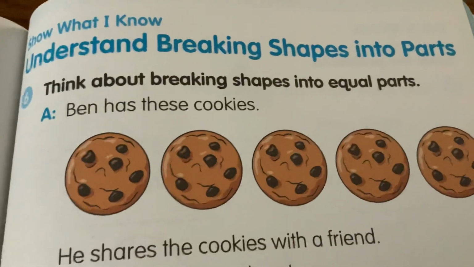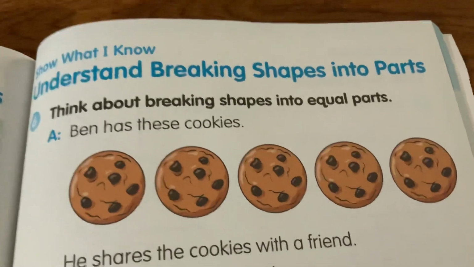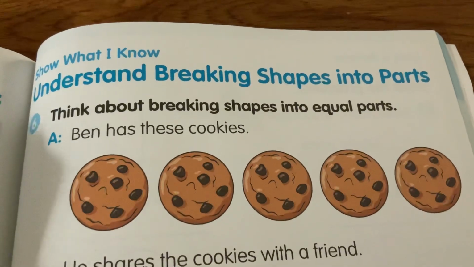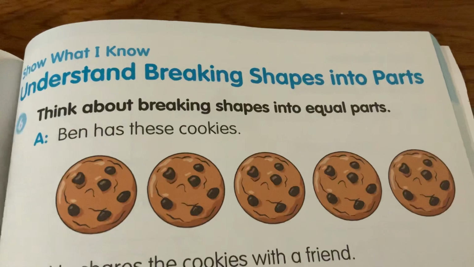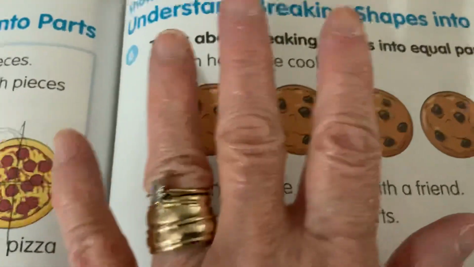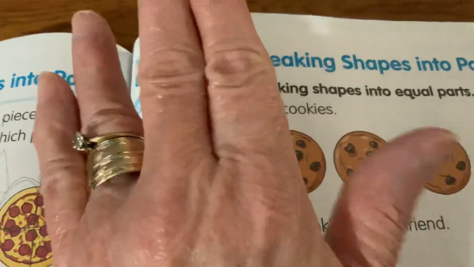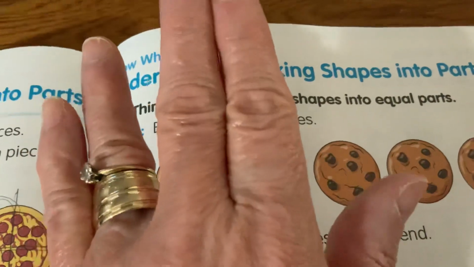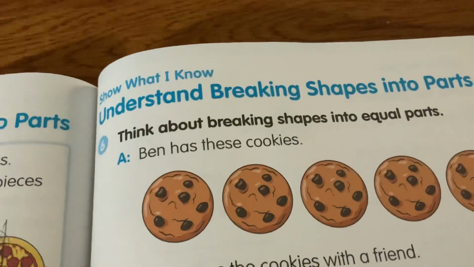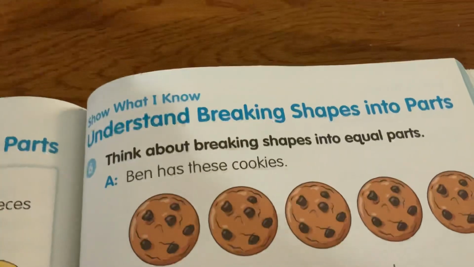Look at 5. We've talked about odd and even numbers. And we always said, hold up your hand and hold up that number of fingers to show you the number. So if you hold up 5 fingers, then we pair them together. Those two, and we have what? An odd man out. So if you're dividing these cookies up for 2 people, you're going to have an odd man out.